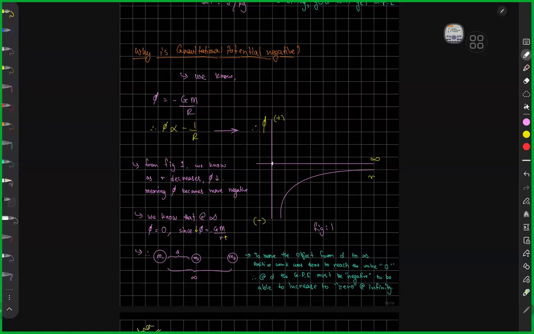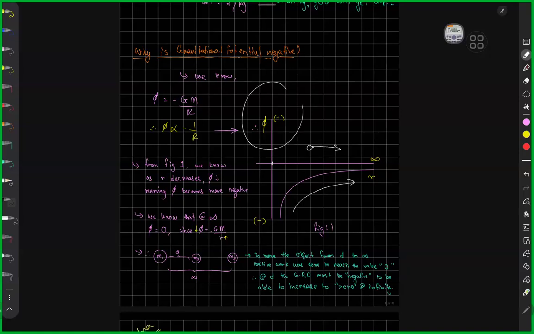And what's happening is as the gravitational potential energy increases, we are treading towards infinity. Okay, so we are being pushed away.